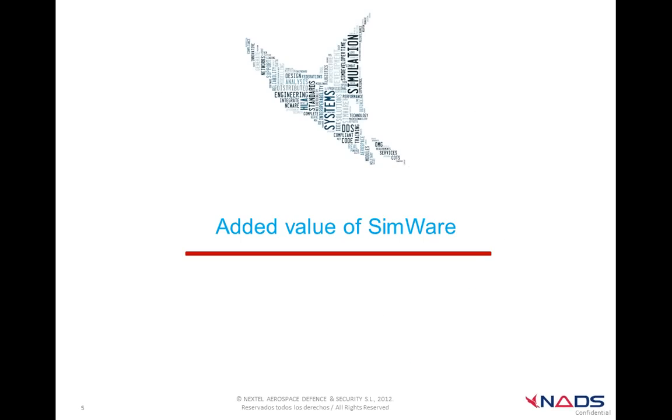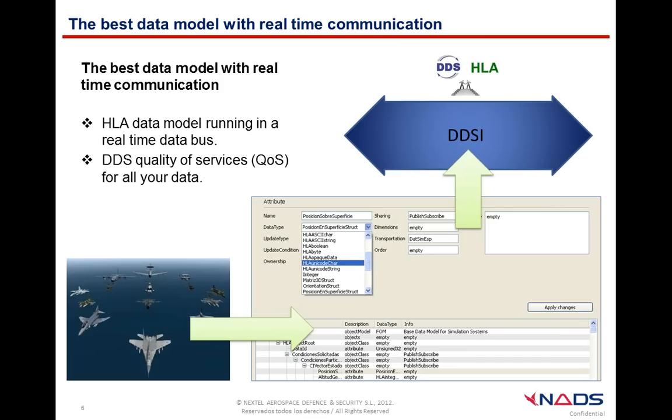But which are the features? What is the added value of Simware? With Simware, you can have the best data model available, that is an HLA style data model, a real HLA data model with objects, with interactions, using a FOM if you like, with real-time communication.